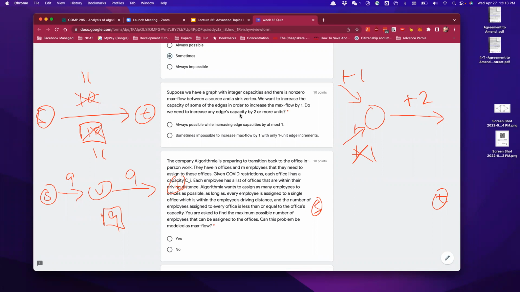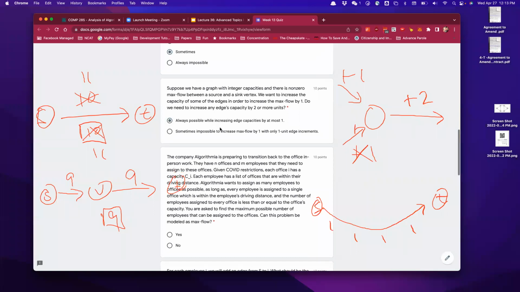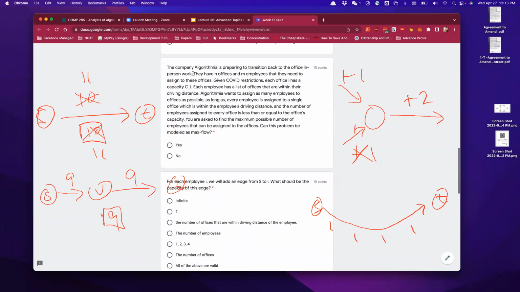So if there does not exist a path, in the worst case, I can create a new path consisting of a bunch of edges that have capacity 1. And that path will let me increase the flow by 1, right? So it is always possible to do it by just increasing edge capacities by 1. Okay. All right, next question.